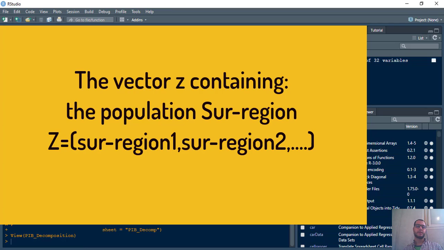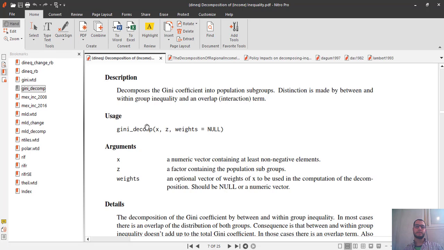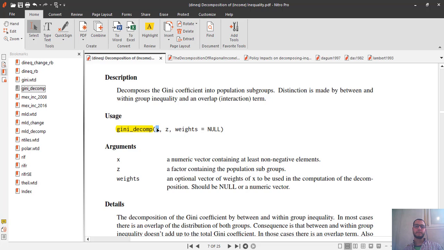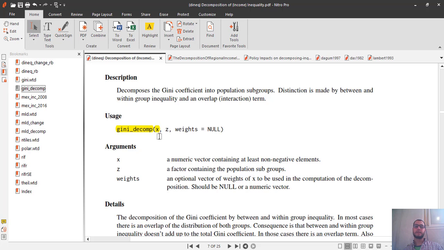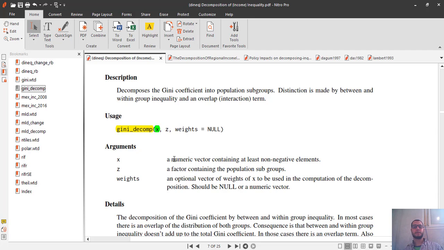This is the function Gini Decomp that I'm using, and this is the vector X that contains the regional GDP per capita, and the vector Z containing the population of the region.